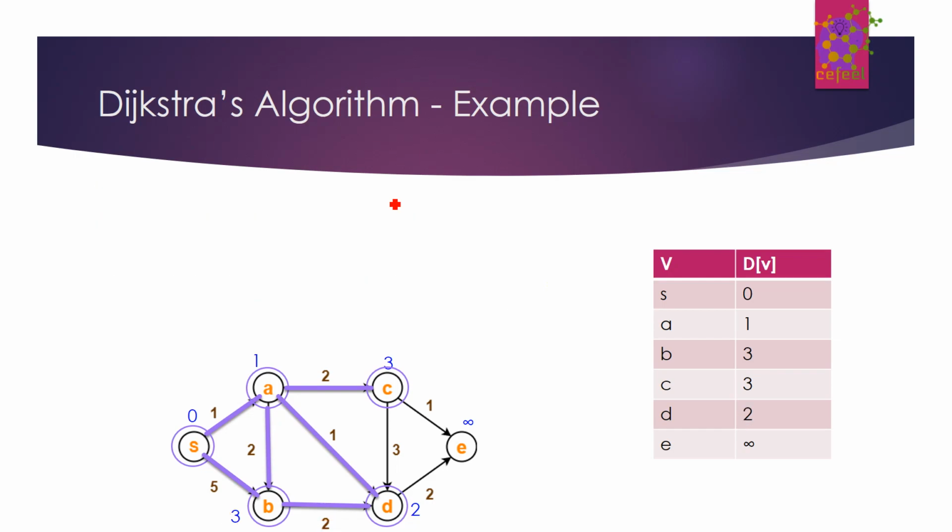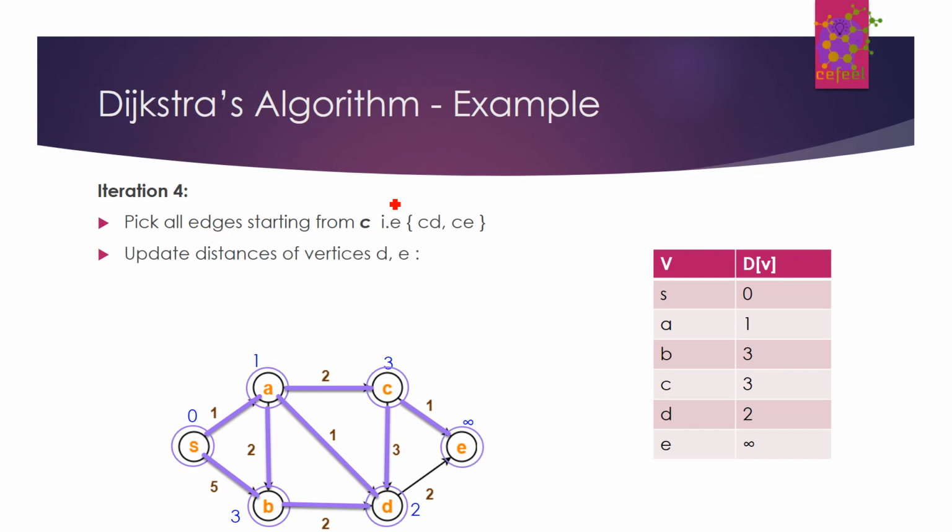Next iteration, now we will take vertex C and then update the paths of the vertices that are near to C. So iteration 4, vertex C, we have two edges, CD and CE, which means we need to update the distance vector of D as well as E. So the distance vector of D, which was earlier 2, and we now, since we have found vertex C, we'll use the edge CD to find a new path, which means the distance of C plus the edge CD, which gives us 3 plus 3, which is 6.